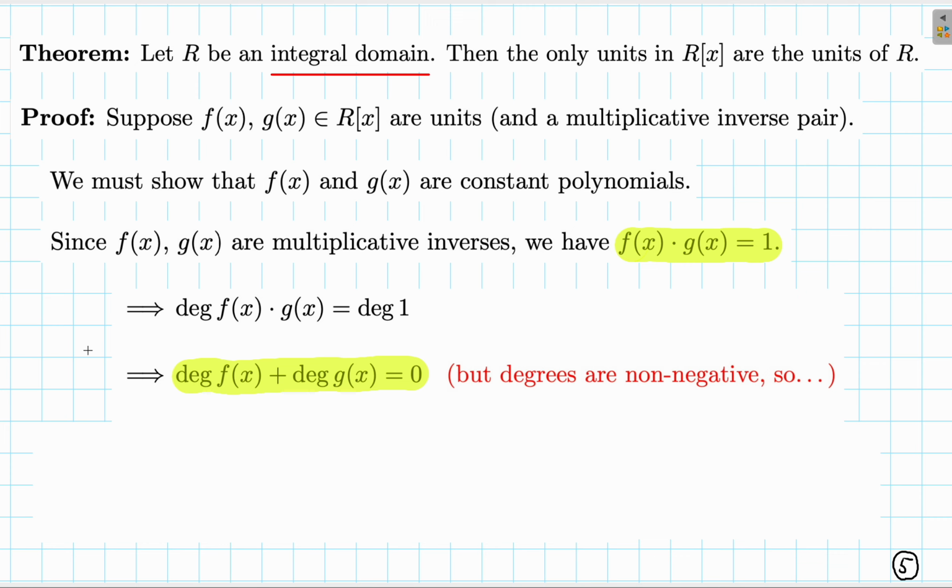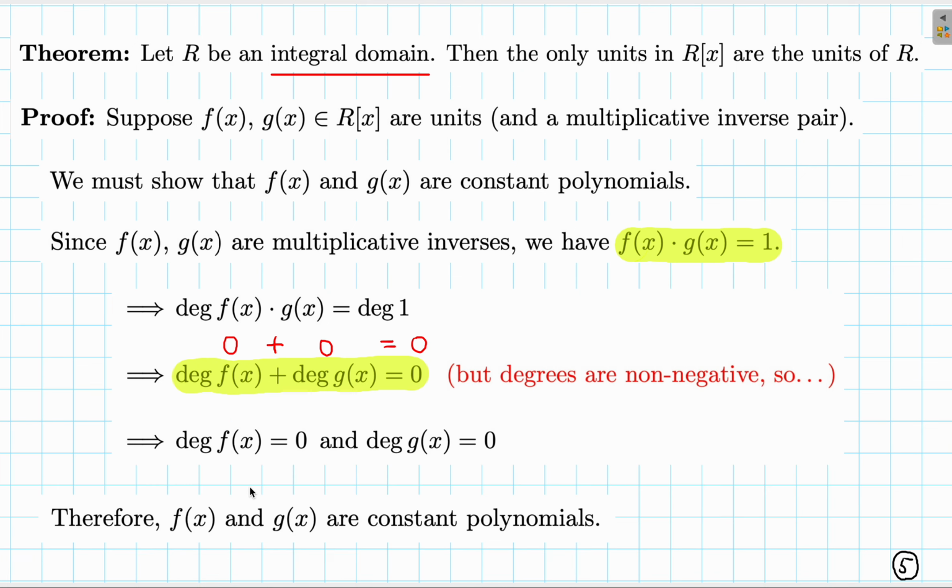But degrees must be non-negative integers. So we have a pair of non-negative integers that add to 0. The only way that's possible is if we have 0 plus 0 equals 0. And therefore, we conclude that the degree of f(x) and degree of g(x) must both be 0, and therefore f(x) and g(x) are constant polynomials as desired. And that's the end of our proof.